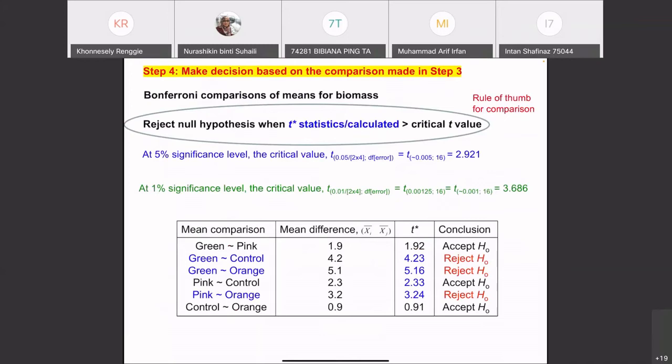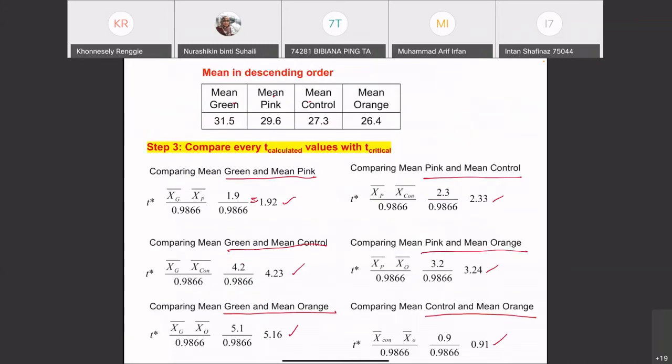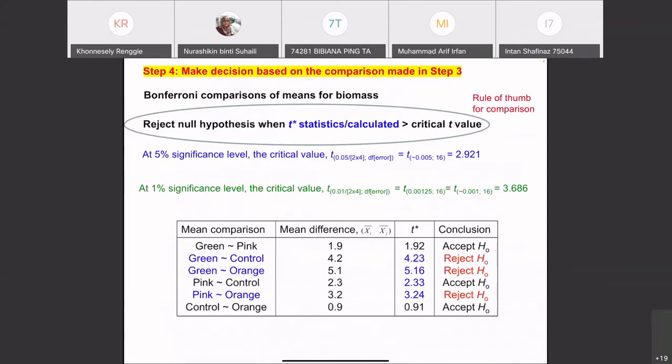Then you put all these values, the T for every pair, in another table to make it much clearer. So this is all the possible pairs, and this is the mean difference, and this is the T calculated for each pair.